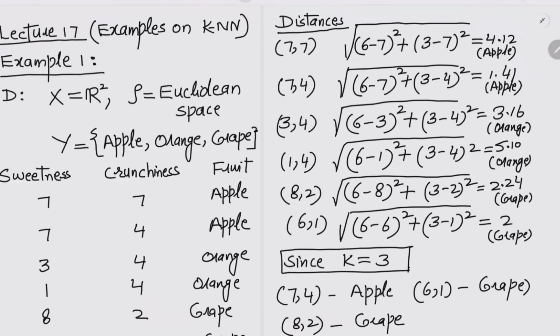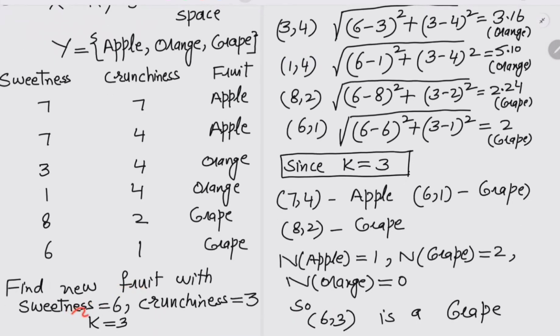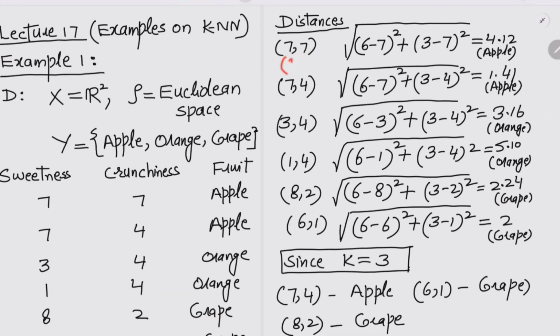So what we do, we find a distance between 7, 7 and the new fruit, which is 6, 3. This is the Euclidean distance over here. And you know that the formula for Euclidean distance is the square root of (x2 minus x1) whole square plus (y2 minus y1) whole square.